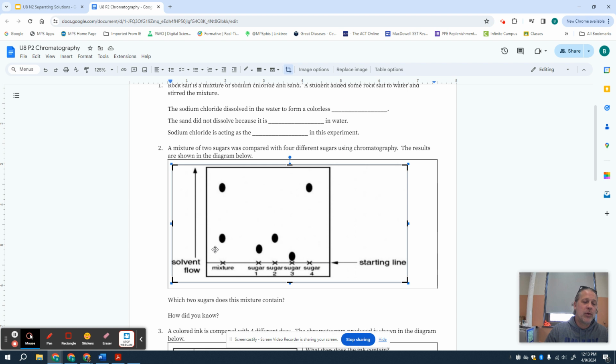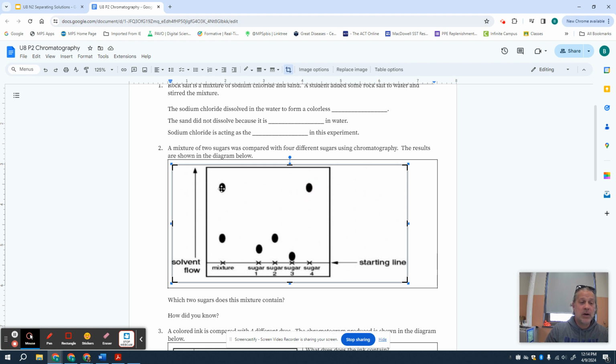A student took their sugar sample that they knew had 2 sugars in it, and they performed a chromatography technique on it. The results were a mark here and a mark here. Then the student compared the marks of the original mixture with the marks of the possible sugars that could be in that mixture.